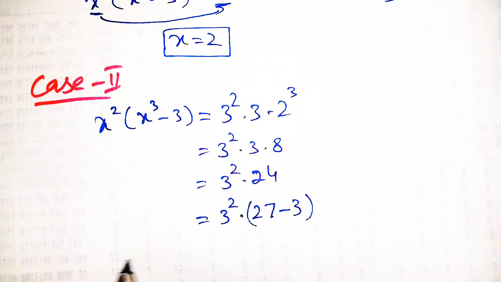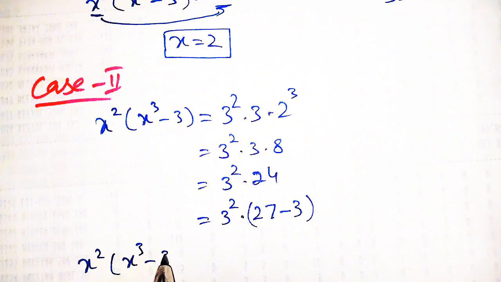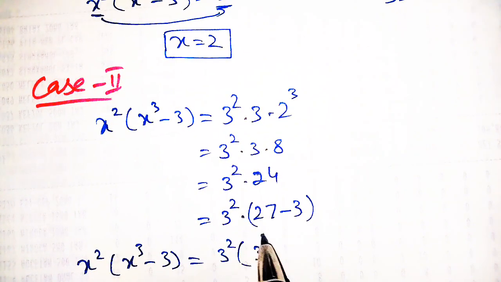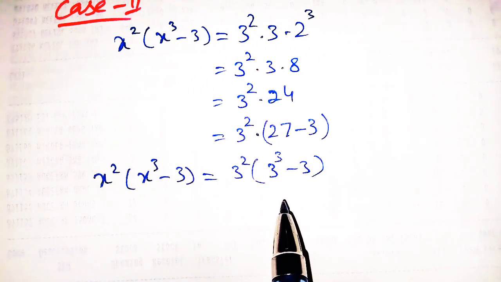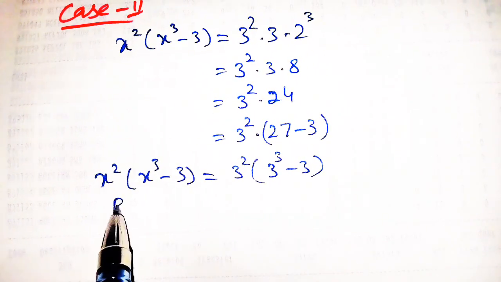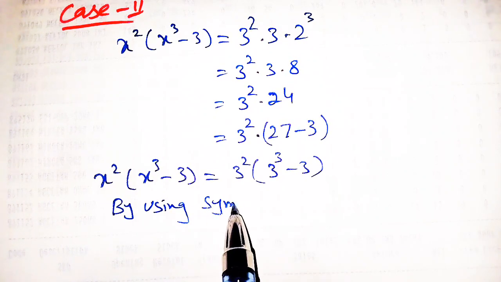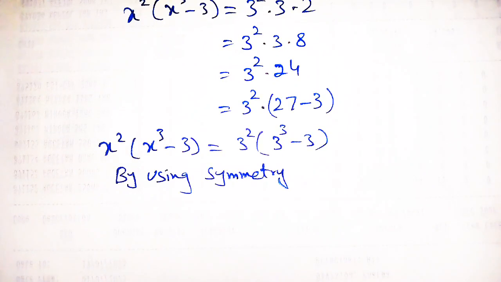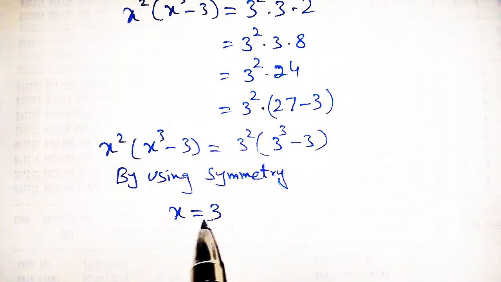So we can write x square times x cube minus 3 is equal to 3 square times 3 cube minus 3, which is exact symmetry on the left hand and right hand side. So by using symmetry, we will get x is equal to 3.